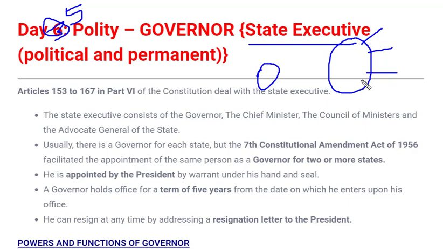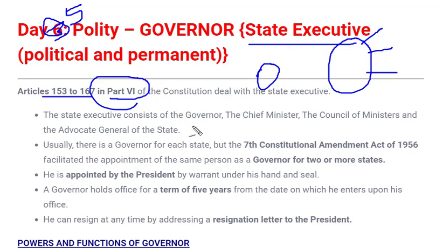We studied the powers of the president, how he is elected, the prime minister, his powers, how he is elected. We also studied the council of ministers. So today we will be studying state executive. Who are the parts of the state executive? First let's see the articles in which this is mentioned. State executive is mentioned under articles 153 to 167 in Part 6 of the Constitution.